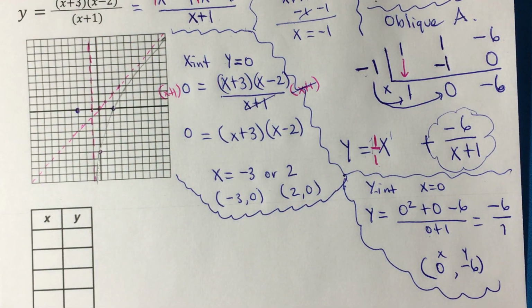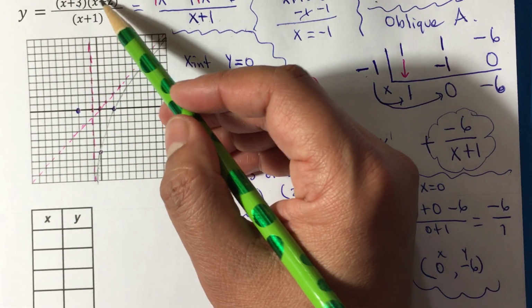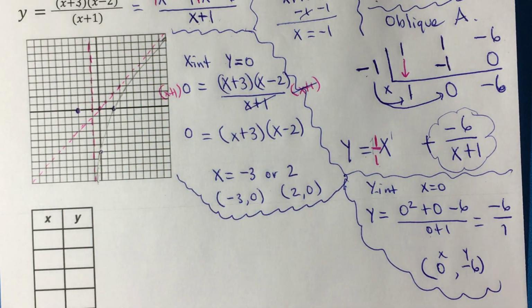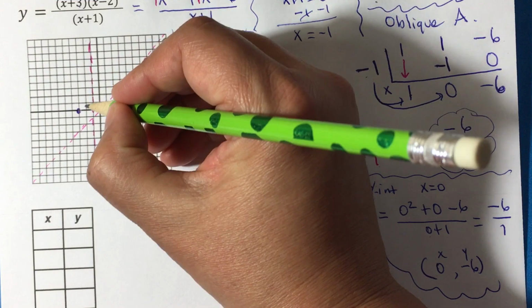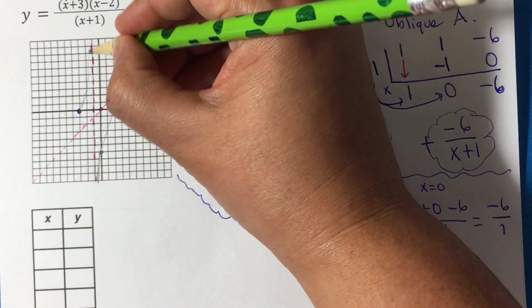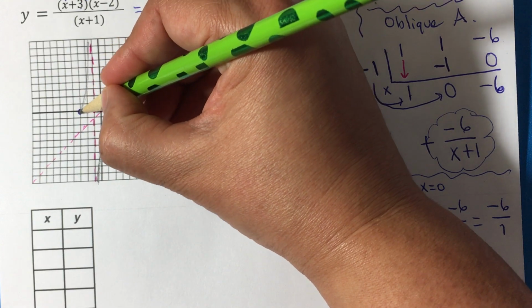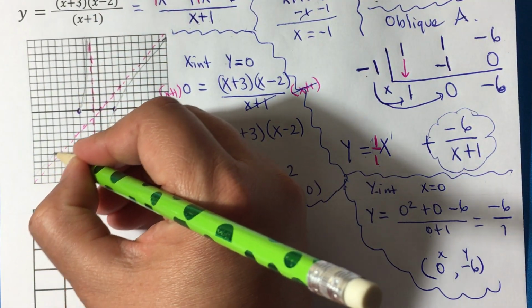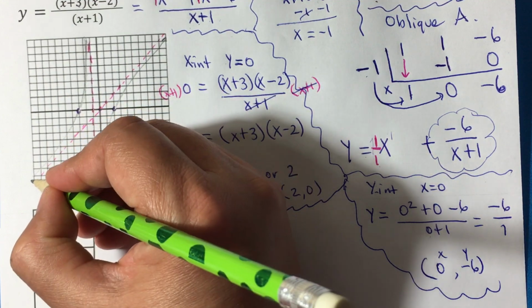Those holes are only there if we had canceled, like if we had x plus 1 in here and we cancel, those become holes. We don't have that. So let's do it with pencil very lightly so that we know that this graph approaches but never touches those asymptotes.